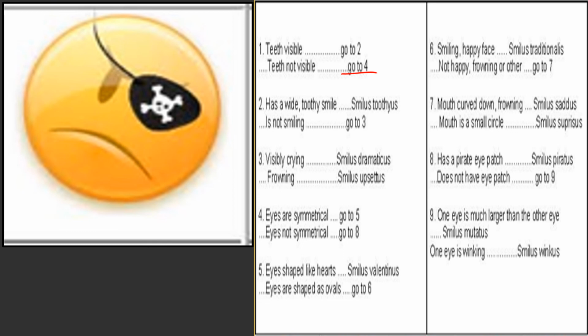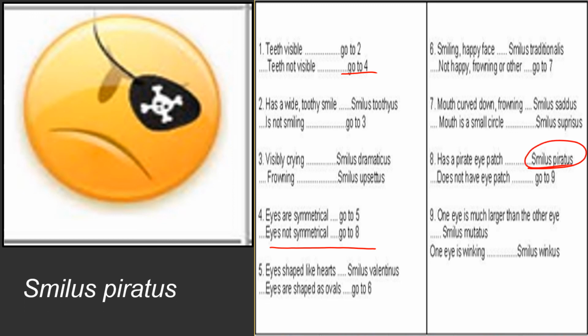Are the eyes symmetrical, meaning the same, like they're even, or non-symmetrical? Well, he's missing an eye, so I don't think they are symmetrical. So I'm going to go to 8. Does it have a pirate patch, or does it not have an eye patch? Well, it definitely has a pirate patch. And so our answer is Smilus piratus.